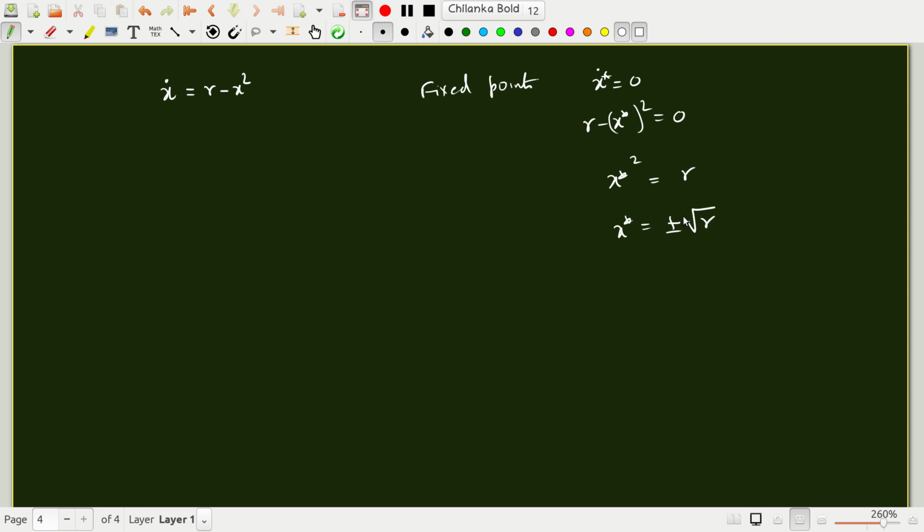These are the two solutions, for r greater than 0. Now for r less than 0, if x is real, there are no solutions, because the square root of a negative number becomes complex, and we are considering real valued x.